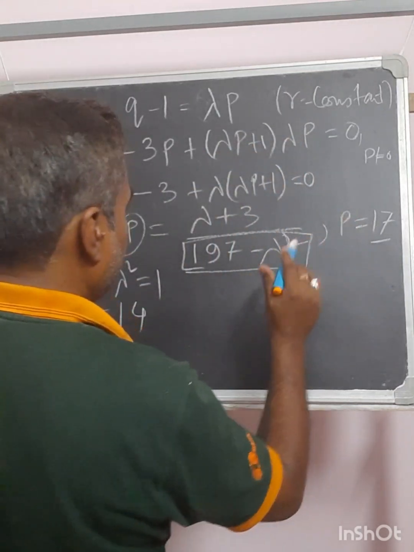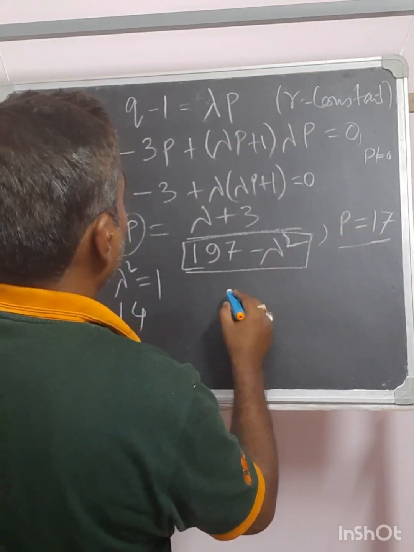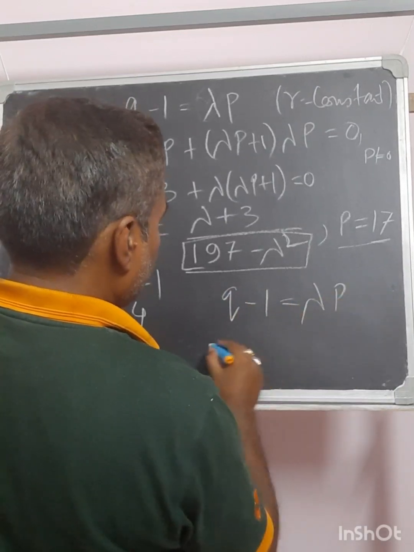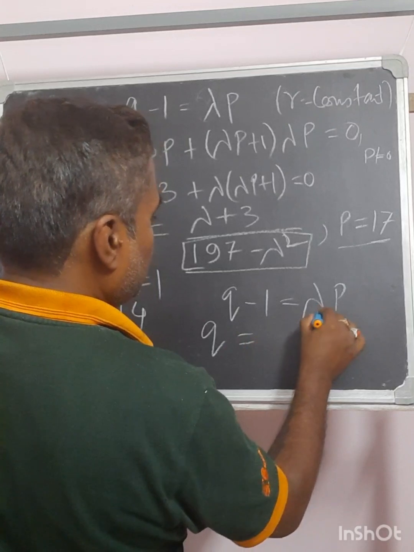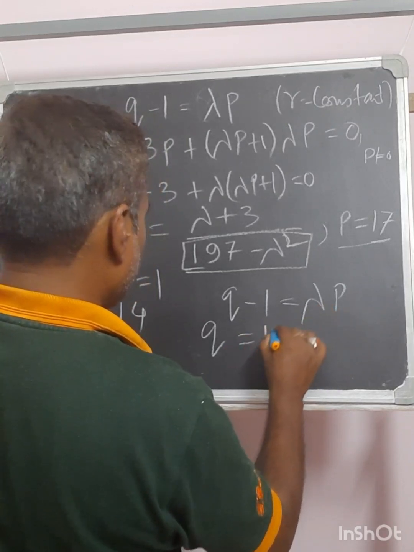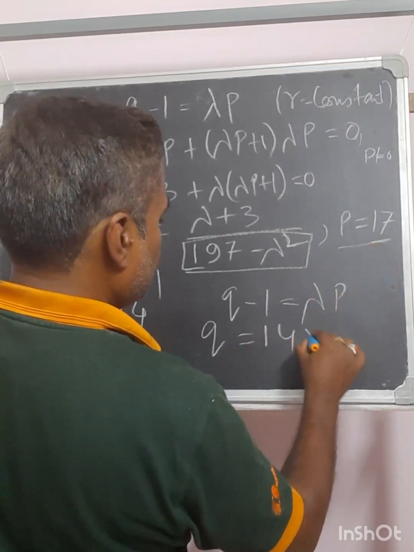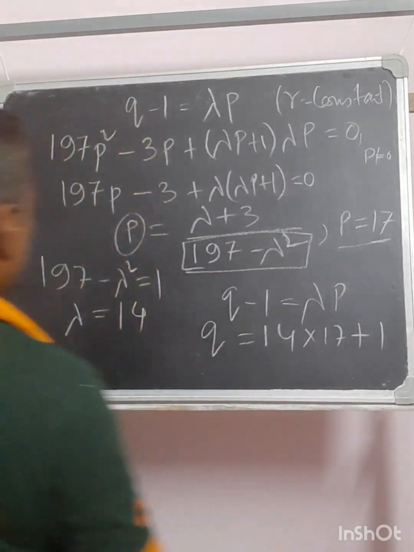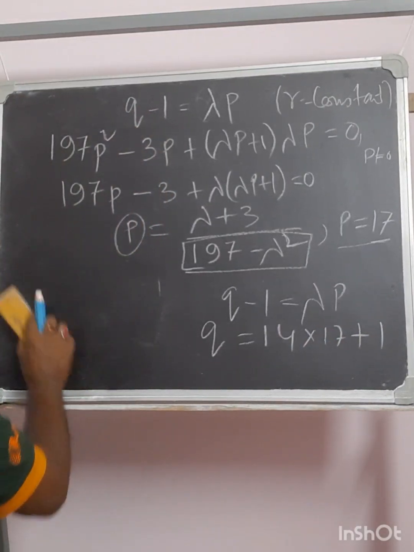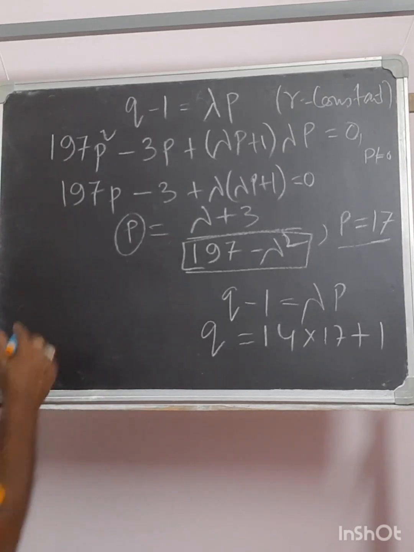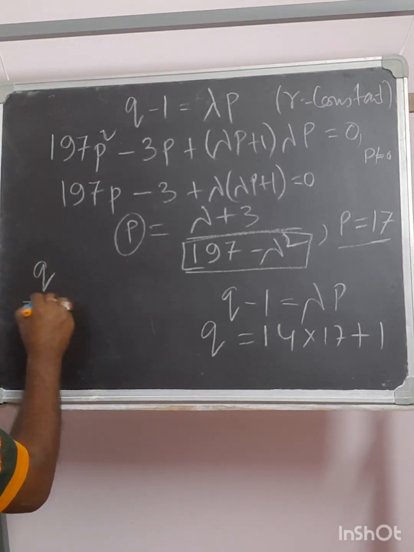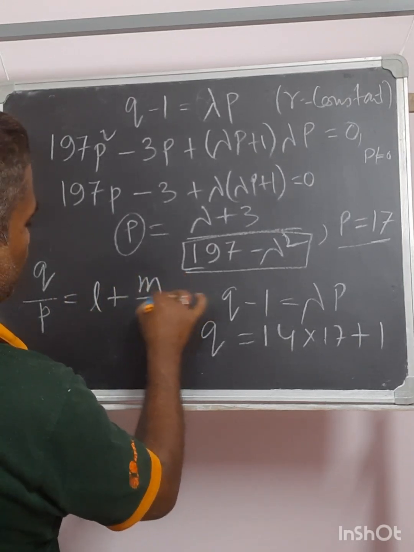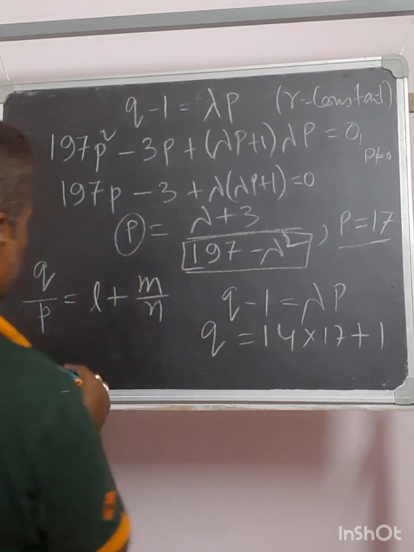From here, P is equal to 17, and I have taken Q minus 1 is equal to lambda into P, that means Q is equal to 14 into 17 plus 1. Now another expression is given, that Q by P can be expressed in the form of L plus M by N, where M by N is less than 1.